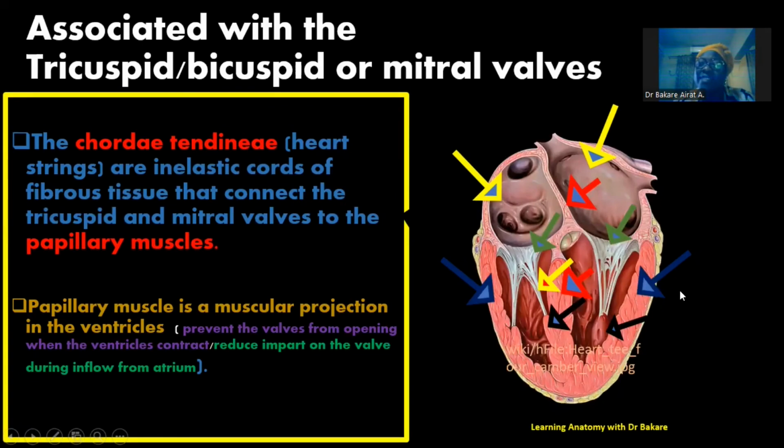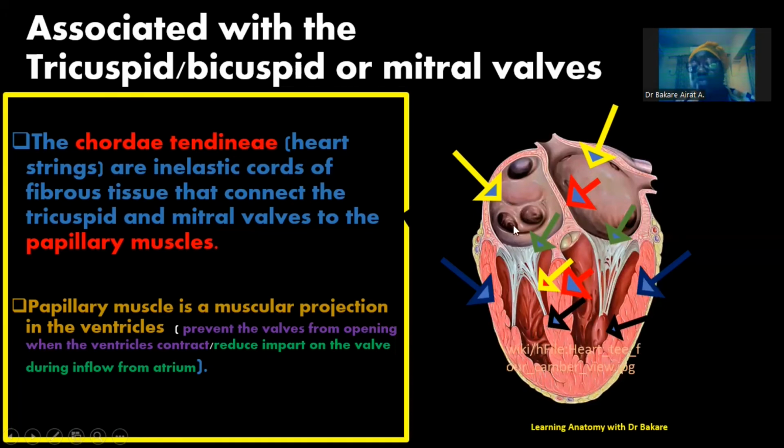But let's further dive in to see the functions of this establishment. It helps to prevent the valve from opening when there's contraction of the ventricle. Remember, we said that the ventricle will contract so as to release blood either through the pulmonary artery or the aorta, depending on the region where they are located. So as they contract, this arrangement helps to prevent the backflow of blood because it helps to hold or keep the tricuspid valve closed as they are being tethered or held in place by the papillary muscle.